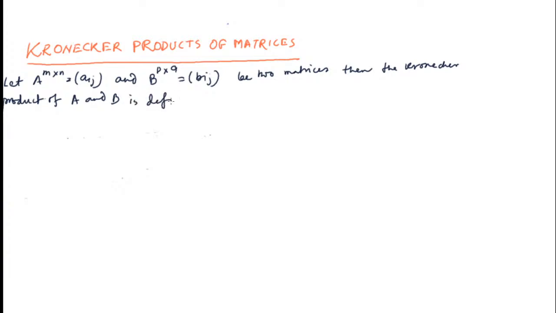A, with this Kronecker product symbol, B, which is an mp cross nq matrix.